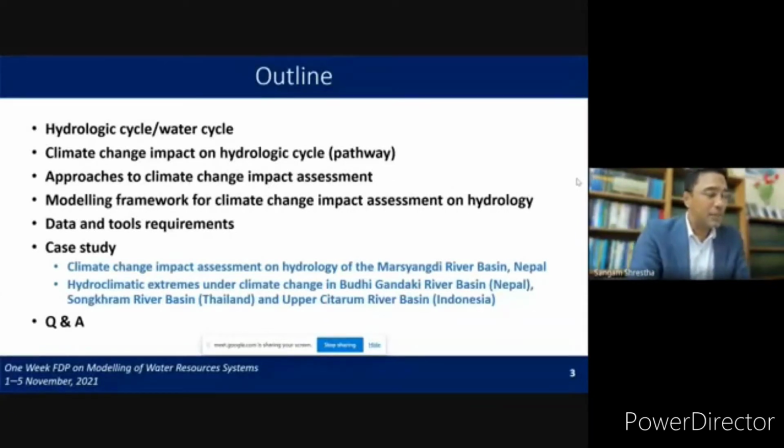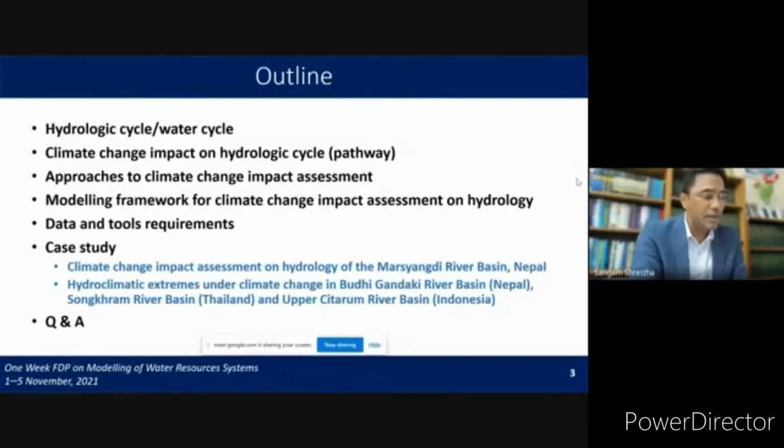I will also explain the modeling framework for climate change impact assessment on hydrology and water resources. And probably all the participants would also benefit from the explanation of the data and tools required for climate change impact assessment on hydrology and water resources.